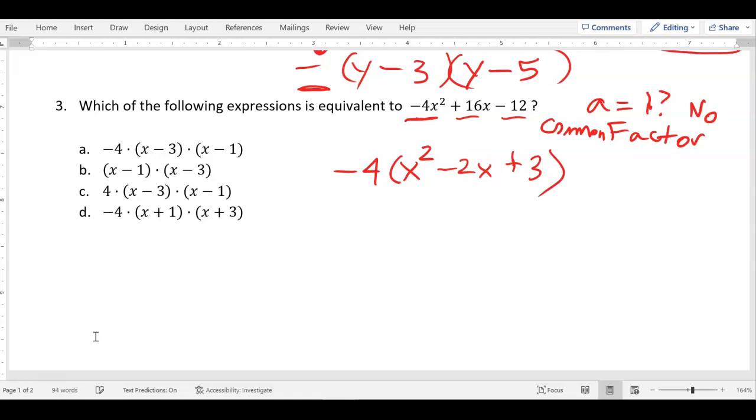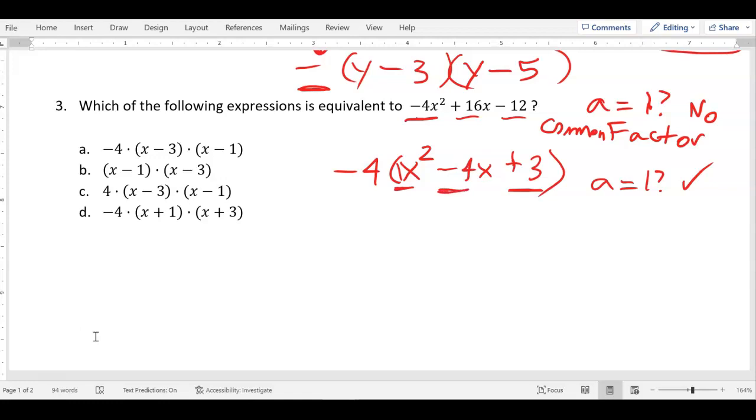Okay. So once you've factored out that common factor, you're going to end up with this trinomial. And now we want to find, is a equal to 1 now? Yes. So since a right here in front of x squared is 1, all I've got to do is find the factors of positive 3 that add up to make negative 4.